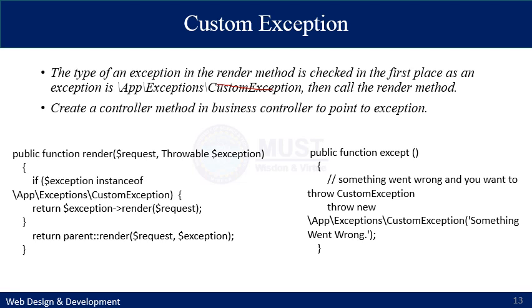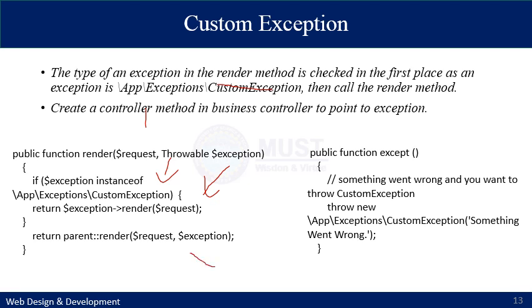You can create a controller method in the business controller to throw the exception. Here is our new render method, and we check if it is a custom exception, then we load the render method of the custom exception class.